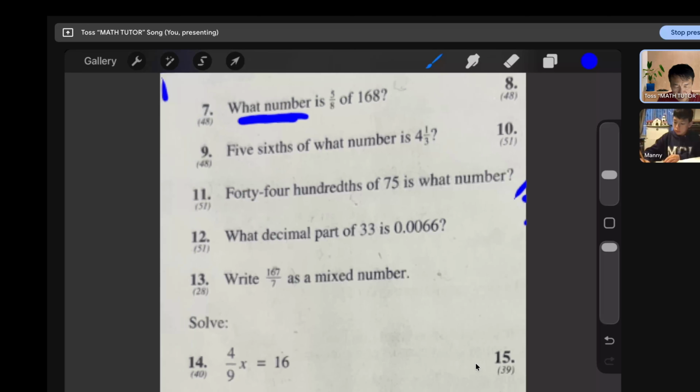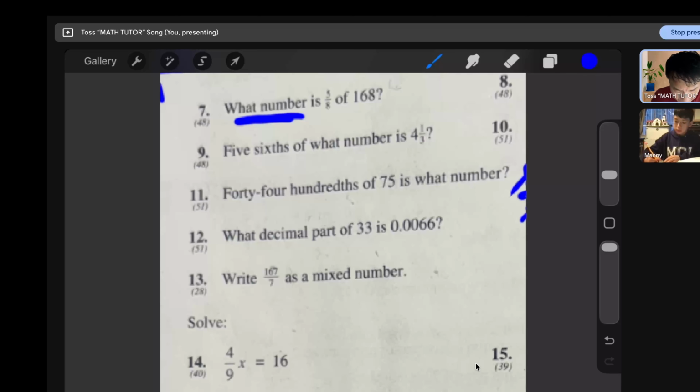What decimal part? Okay, this one, 12. What decimal part of 33 is? Okay, what do you think about that?